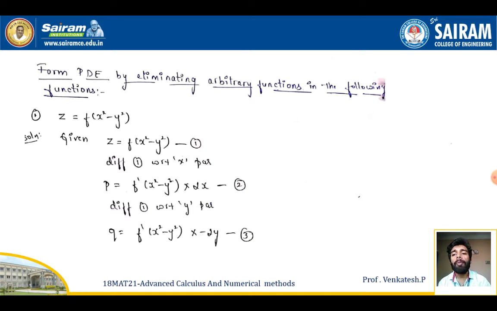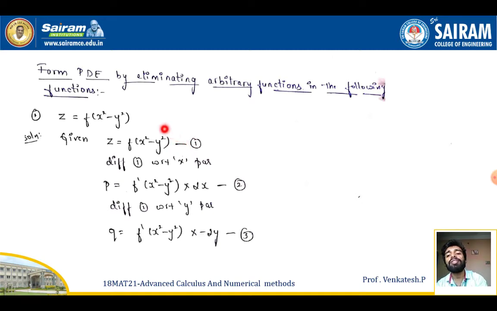Example: form the partial differential equations by eliminating arbitrary functions in the following functions. Now the given problem is z is equal to f of x square minus y square. Given z is equal to f of x square minus y square, call it equation number 1.